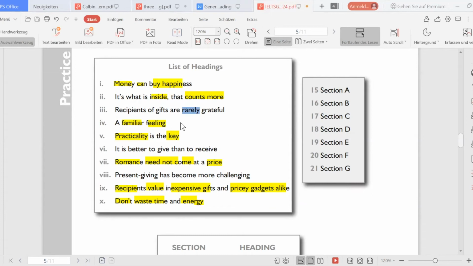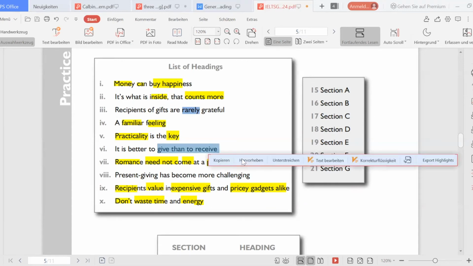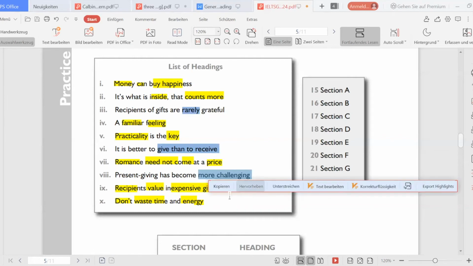Okay, so let's leave that, but then you want to move on and try to eliminate the others to make sure that they don't fit. "Practicality is the key": there's really nothing about practicality being the key. "It is better to give than to receive": there's actually nothing about that. "Romance" is something we did not read about. "Present giving has become more challenging": it's not something that we read in the paragraph.